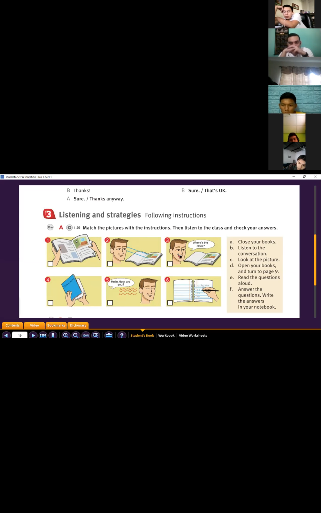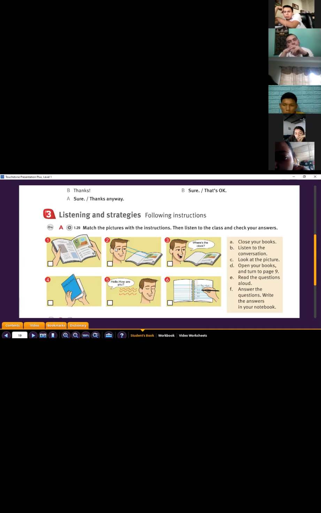It says, open your books and turn to page 9. Dice que abra el libro y vaya a la página 9. Entonces es picture number 1.